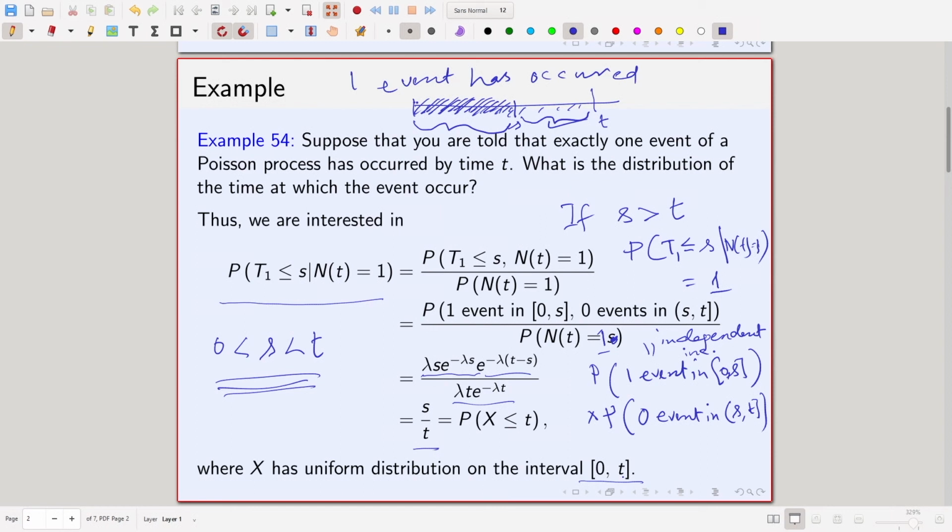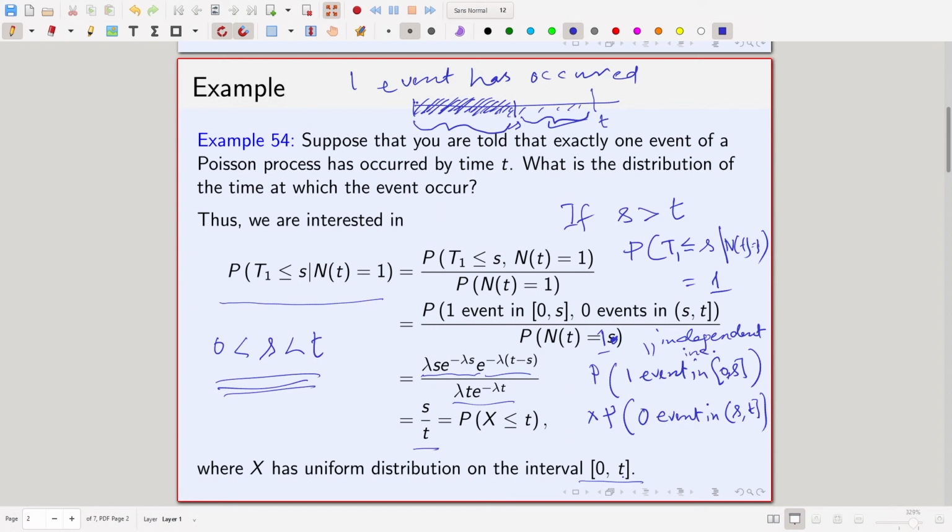So, given that there has been one arrival up to time t, the time of that arrival will be uniformly distributed on the interval 0 to t.